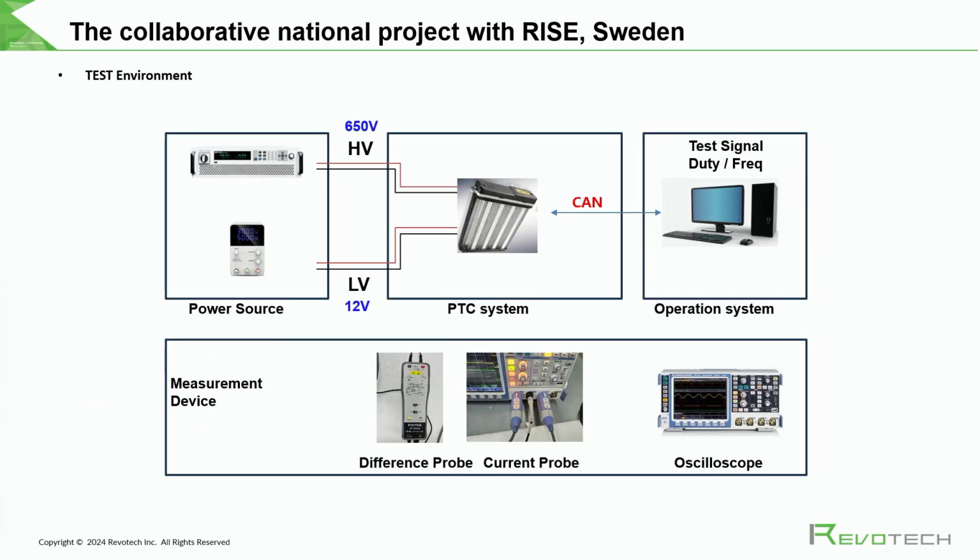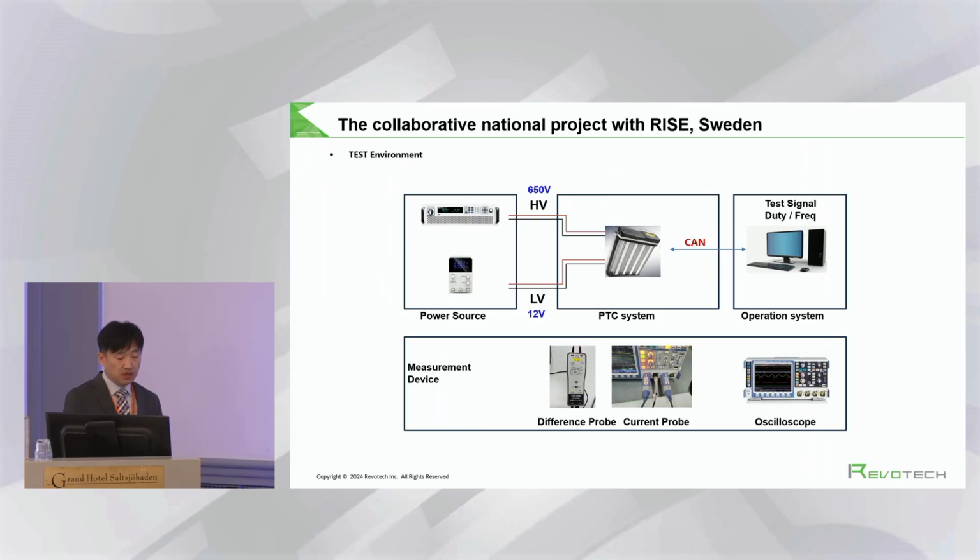So we made adjustments to the test environment. We reconfigured the circuit to monitor the current in the element source signal. After modifying the data monitoring position, we checked for inrush.